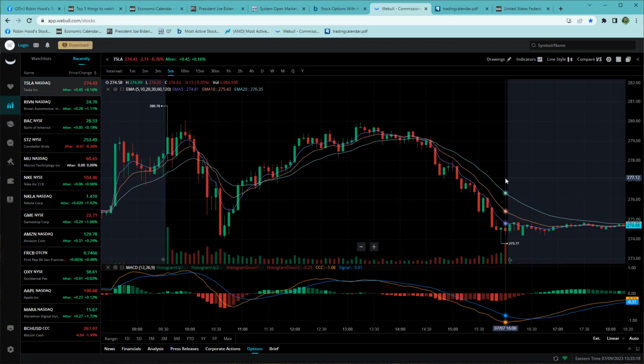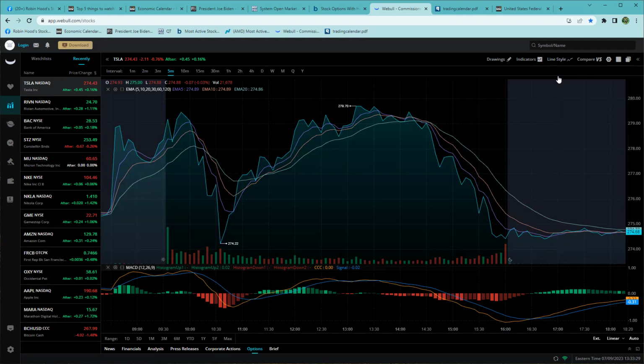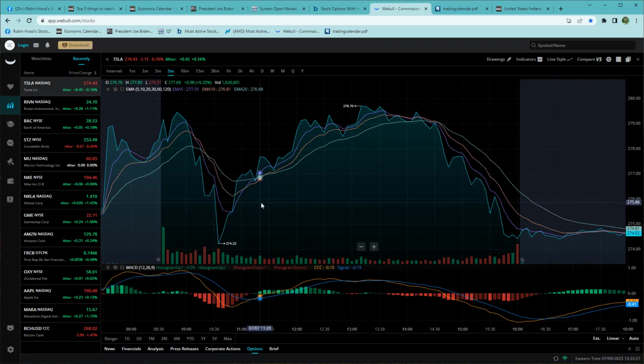And that may be why it's designed that way, to help confuse people. So I don't like that. I want a clear picture of what's going on, so I use the lines, and I can see exactly where the price is and where it's heading.